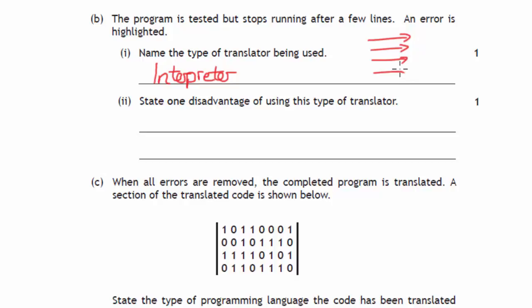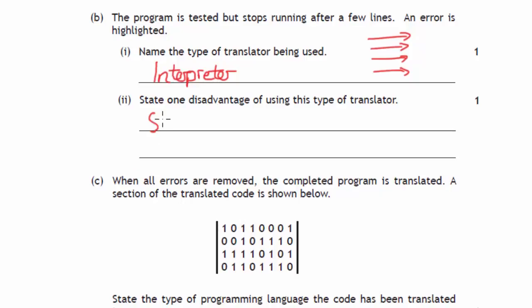Obviously, it's a very slow process compared to the alternative, which is a compiler. Okay, and that's where they're asking you next. So it's a slow process. And every time you're running a program using an interpreter, that interpreter has to run within the memory.